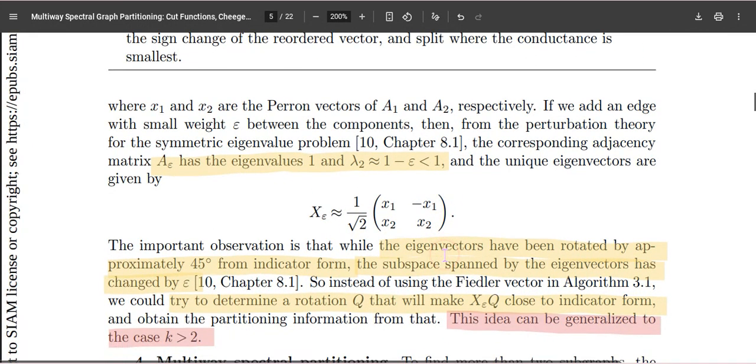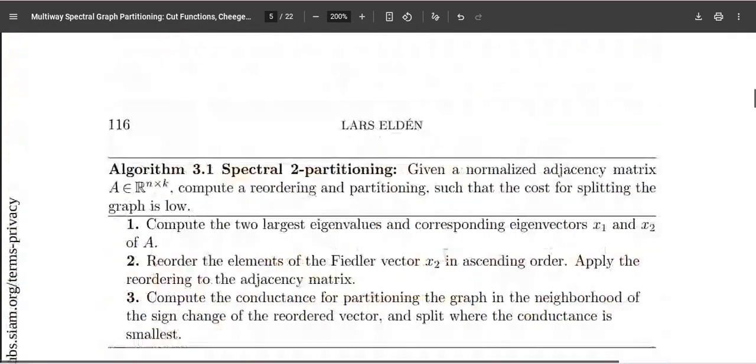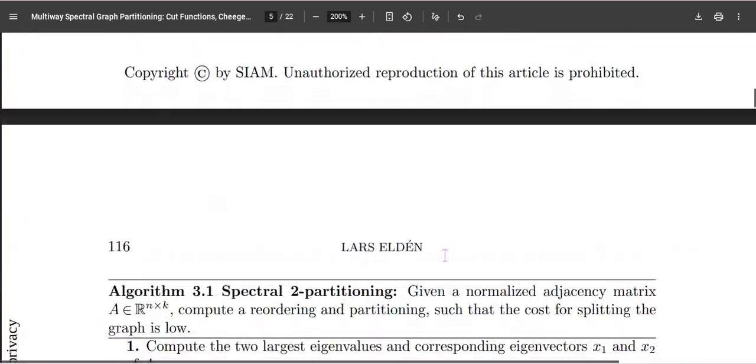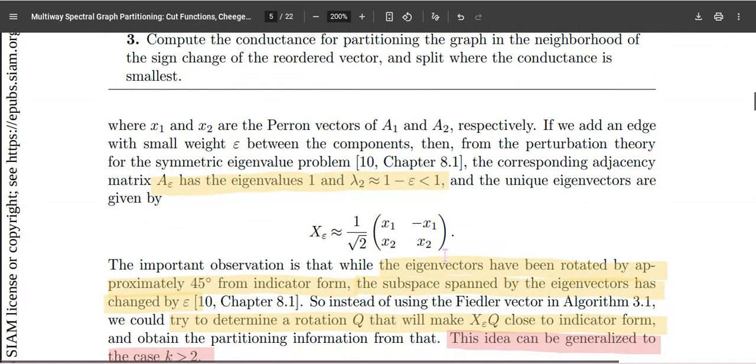If you see from these, the eigenvectors have not changed drastically, they are changed only by an epsilon value, and their eigenvector space is only rotated by 45 degrees, and their values are not changed that drastically, only by an epsilon value.